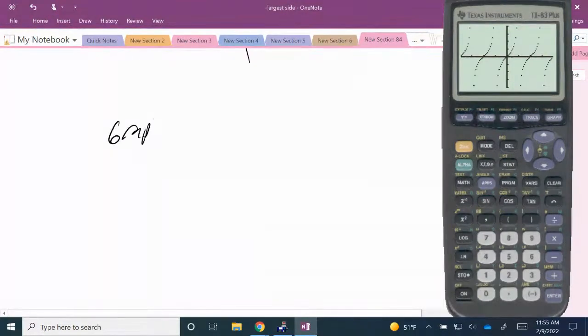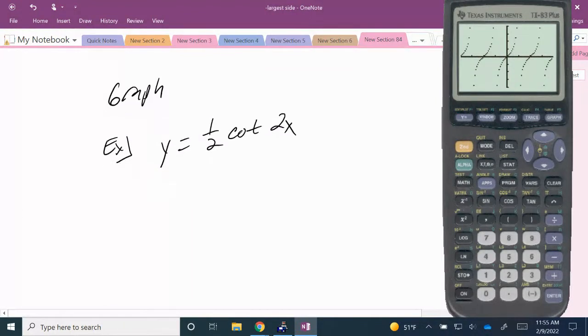So we don't have a cotangent function in the calculator, but we can write the cotangent as 1 divided by the tangent of 2x.